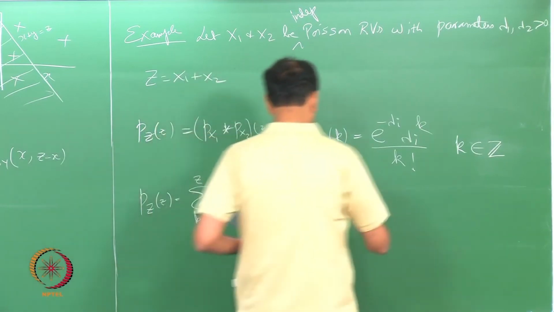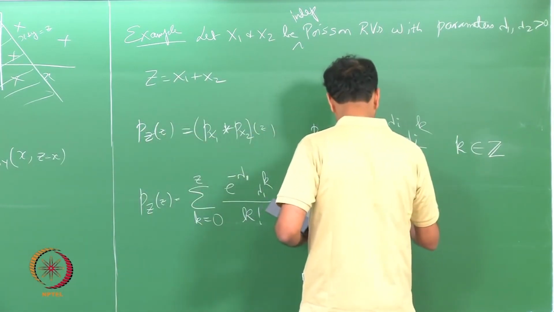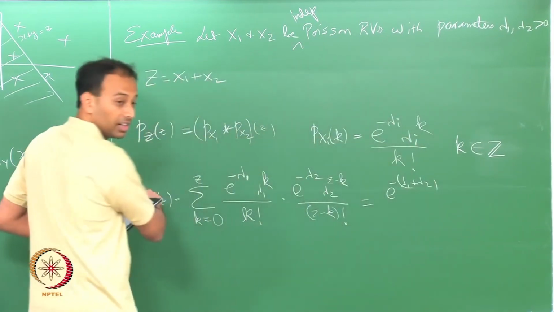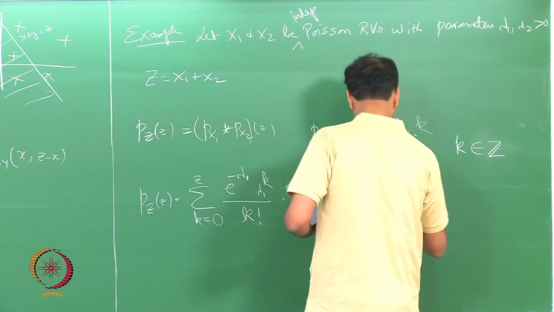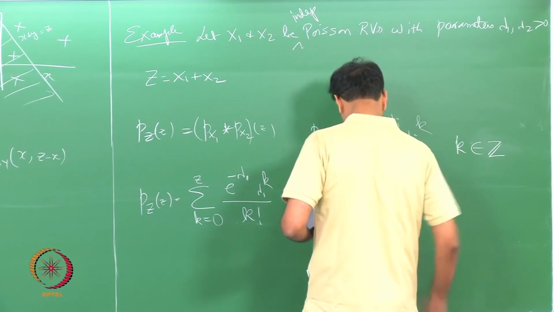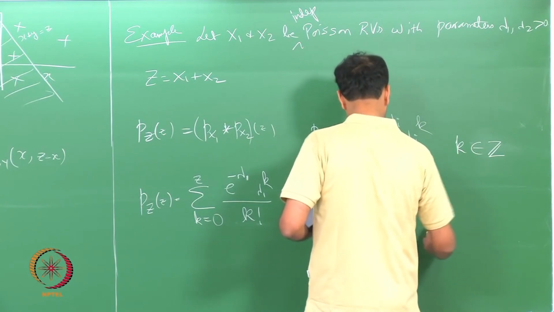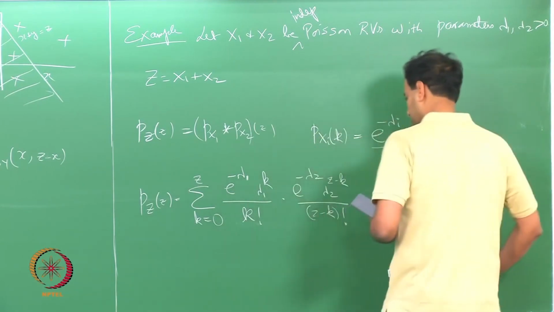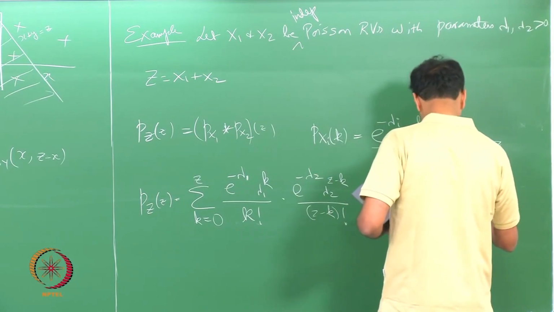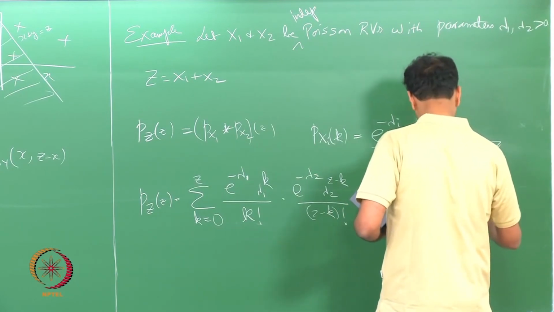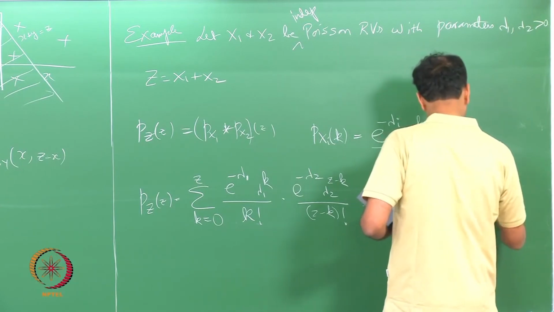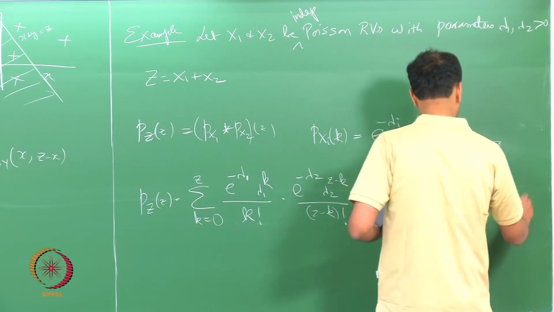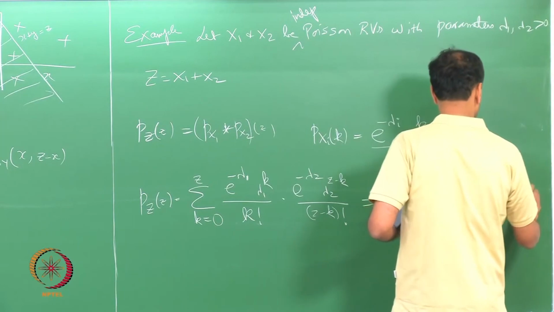So, let me write this as e power minus lambda 1 plus lambda 2 over z factorial, summation k equals 0 to z, z choose k, lambda 1 power k, lambda 2 power z minus k.